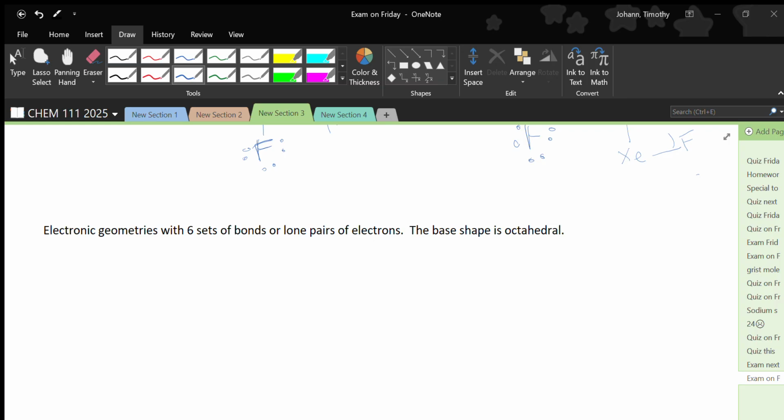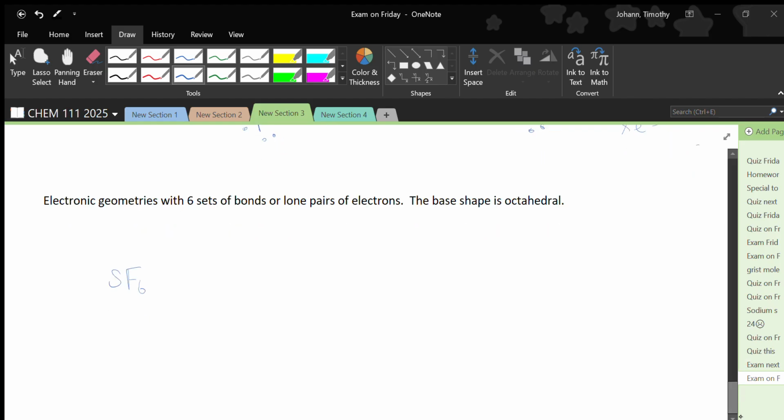So what's an example of an octahedral shape? Well, sulfur hexafluoride is an octahedral shape. All right, if I was to draw this just as a Lewis dot structure, I could do it like so.